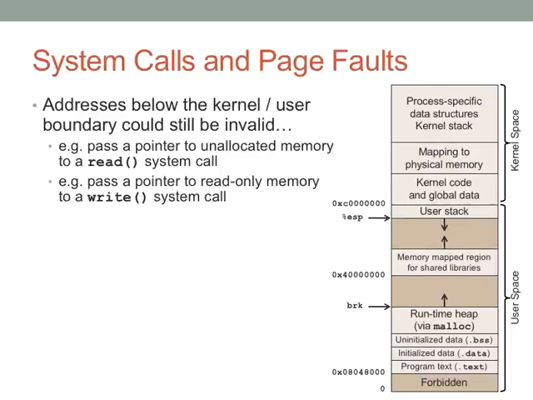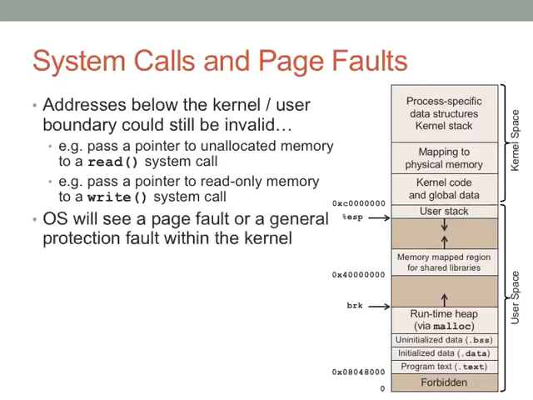And those things would probably still cause the kernel to fault, because it doesn't matter if the kernel wants to do it. If the memory is marked as read-only, then the operating system will still generate a protection fault for that. So the kernel would see that fault, and this is the thing that's really challenging about it. The fault is generated in kernel code by kernel code trying to access an address that's invalid.